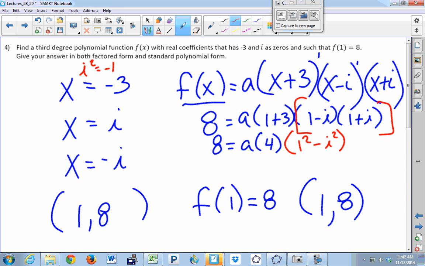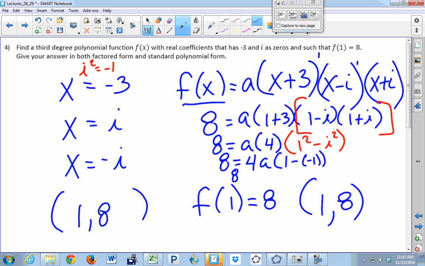So where you see your I square, you can replace it with a -1. So you get 1 minus a -1 square is -1. 1 take away a -1 becomes 2.